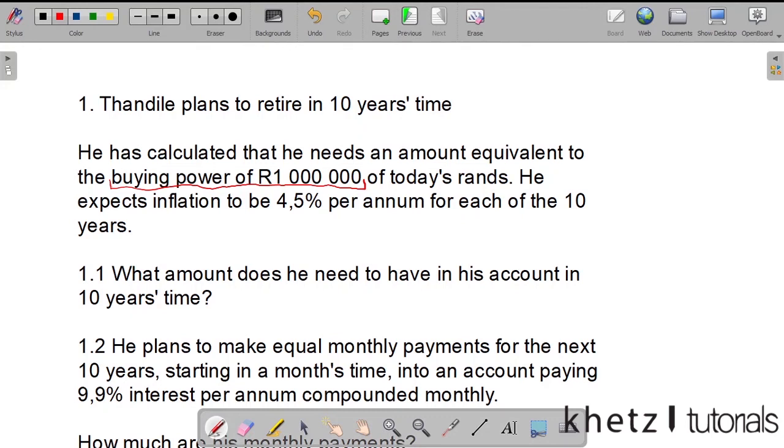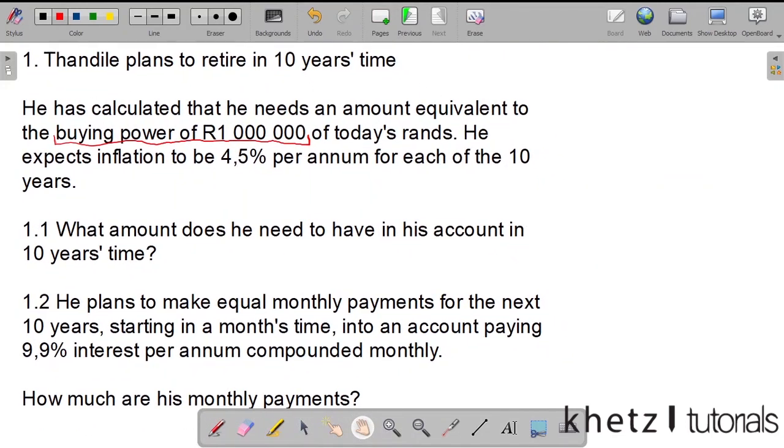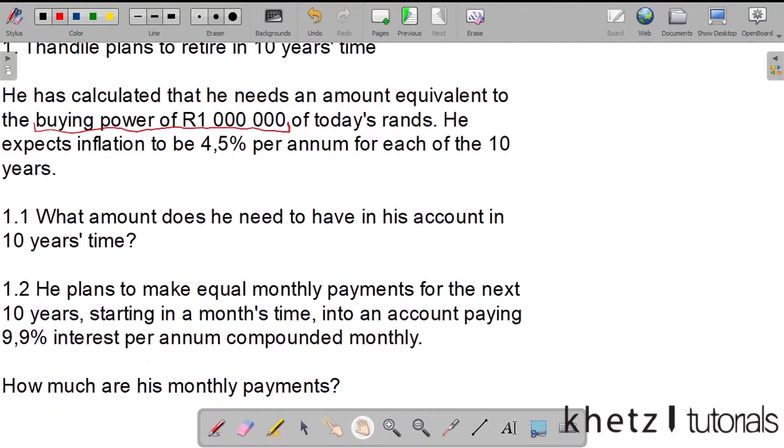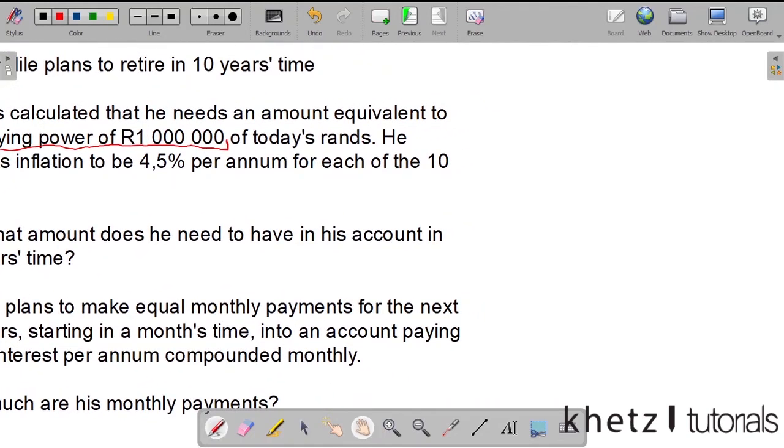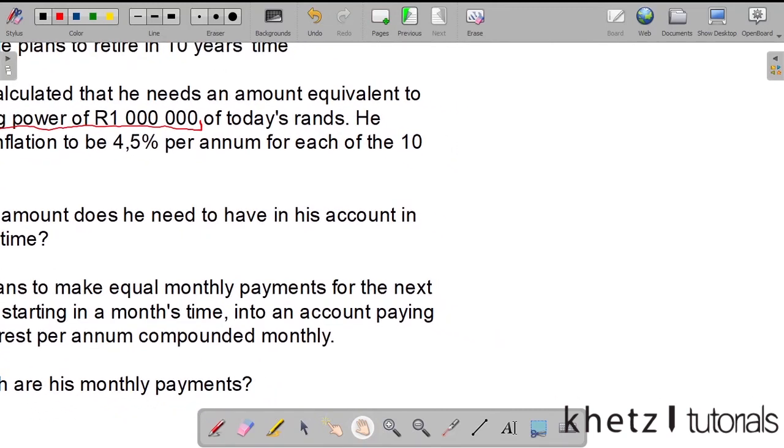So this R1,000,000 is of today's buying power, but he still wants to have the same value in 10 years' time. So for that R1,000,000 to have the same value in 10 years' time, we also have to inflate it, or grow it according to the country's inflation rate, right?